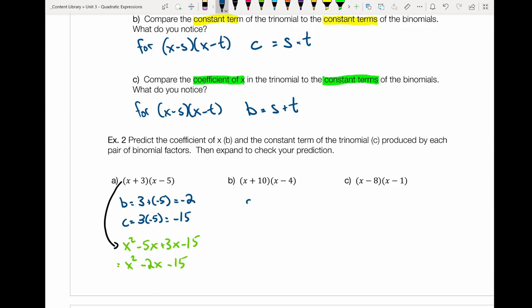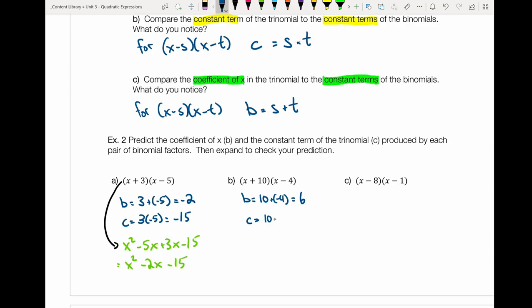So let's go through and do the same thing for the next two. Let's see what our b value is going to be and what our c value is going to be. Again, for the b value, I've predicted that I have to add my two constants. So 10 plus negative 4 equals, in this case, 6 is what I'm predicting it will be.